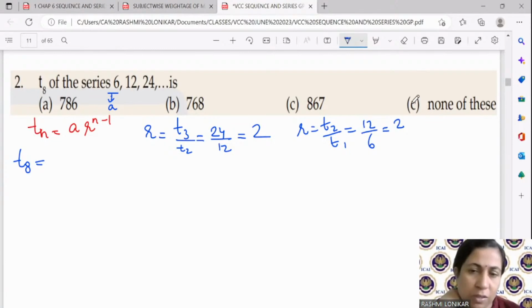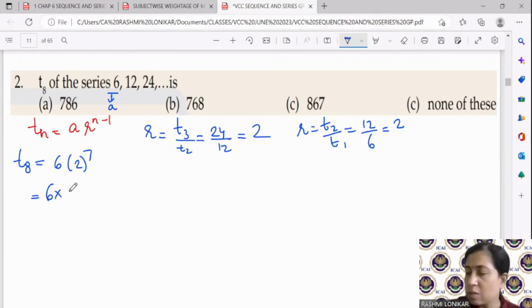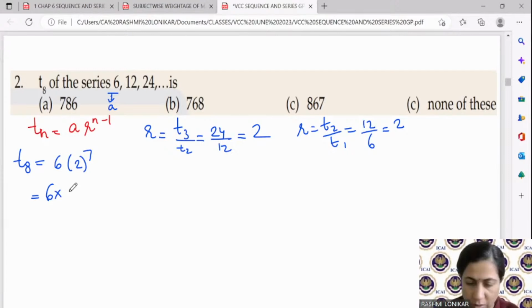So this is 2. A is 6. R is 2 raised to 7. So 6 into 128, 768. So B is the correct answer.